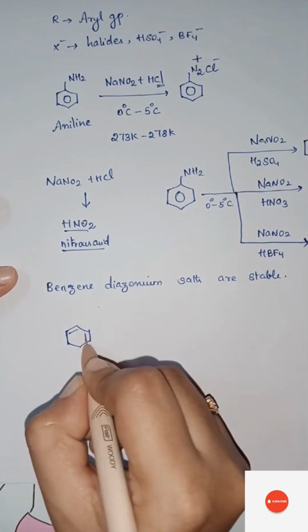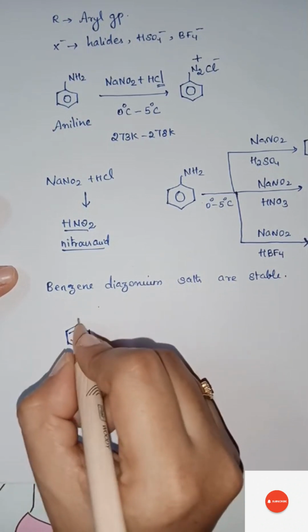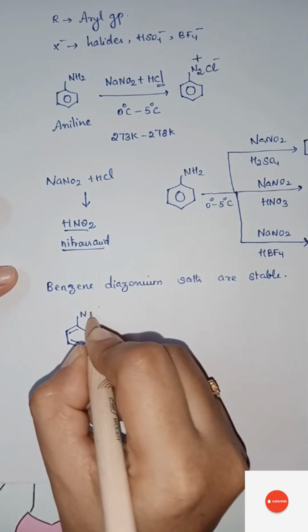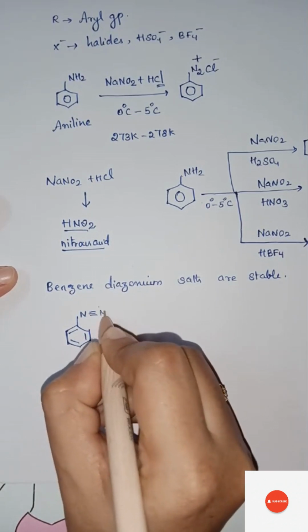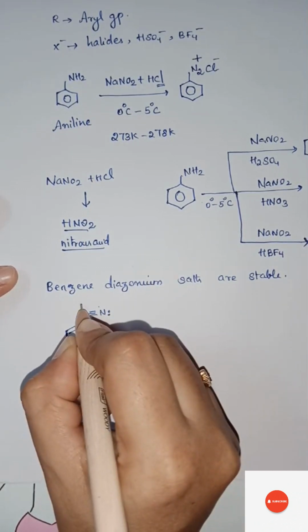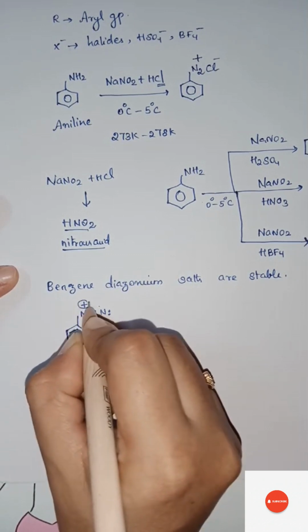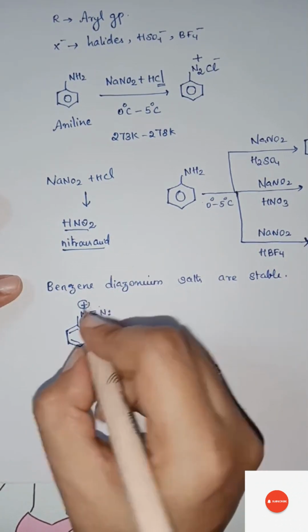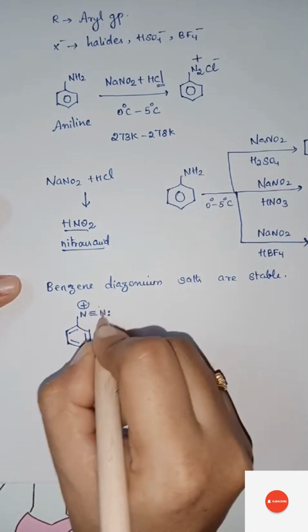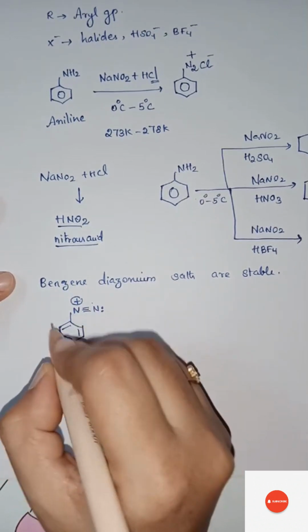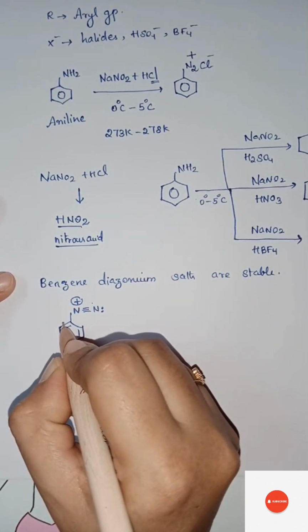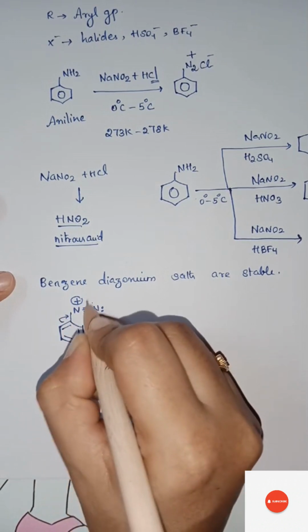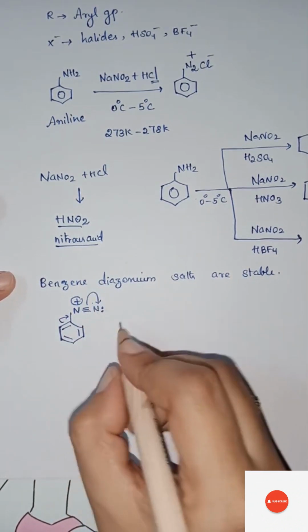Benzene diazonium salts are stabilized through resonance. So here it's a triple bond. One nitrogen has a lone pair, and the other is carrying the positive charge. So how can we draw the resonance? Here this positive group is always an electron withdrawing group, so the electron density moves towards the positive nitrogen and it will delocalize like this.